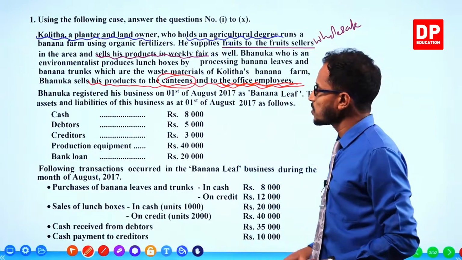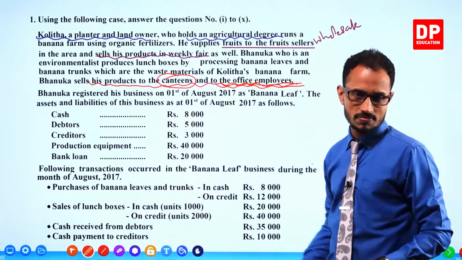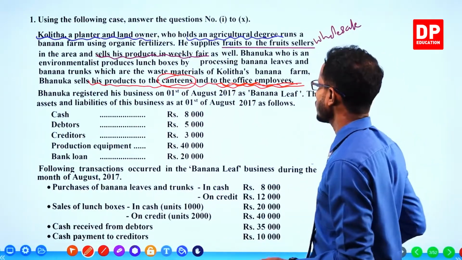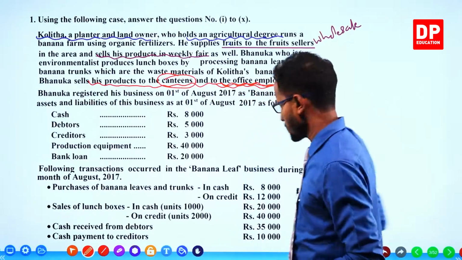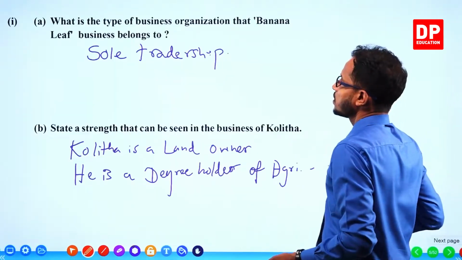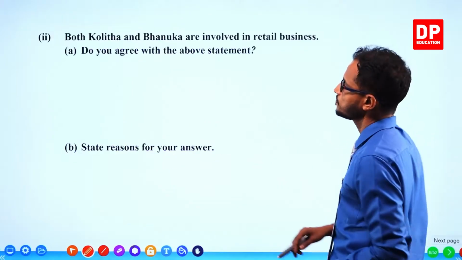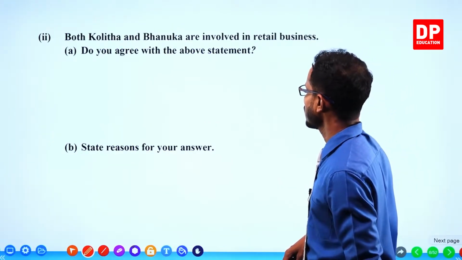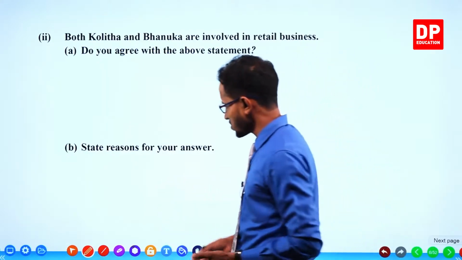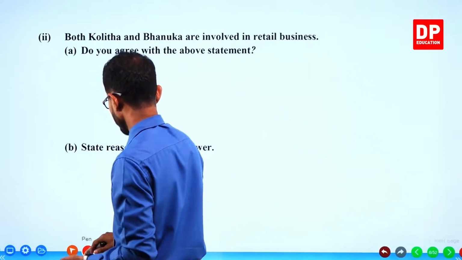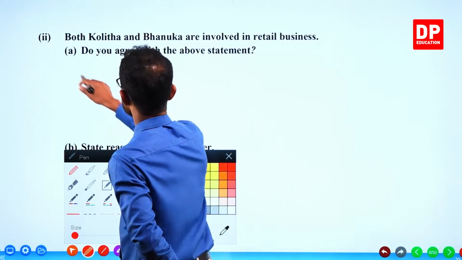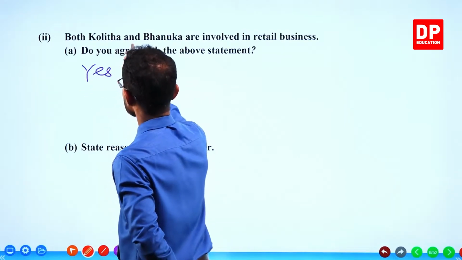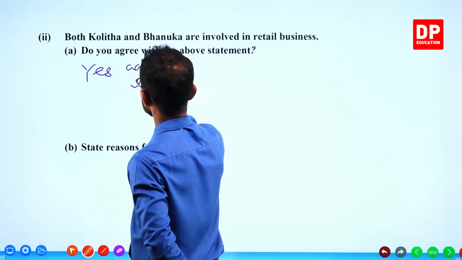Directly to office employees, he is selling to the final consumer. That is a retail trade, of course. So, do you agree with the above statement? Of course, yes, we agree.